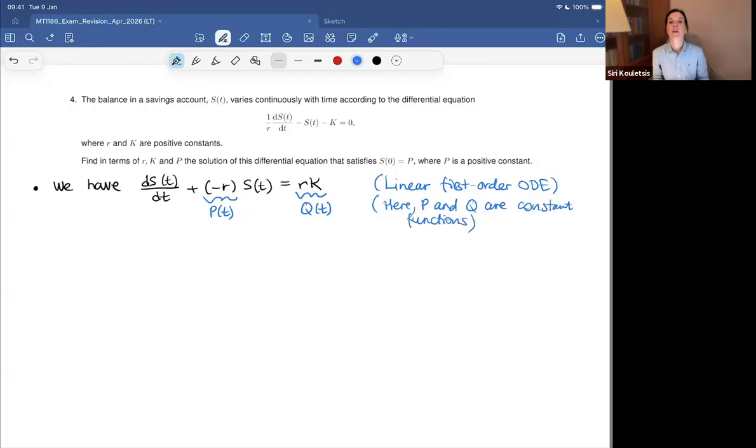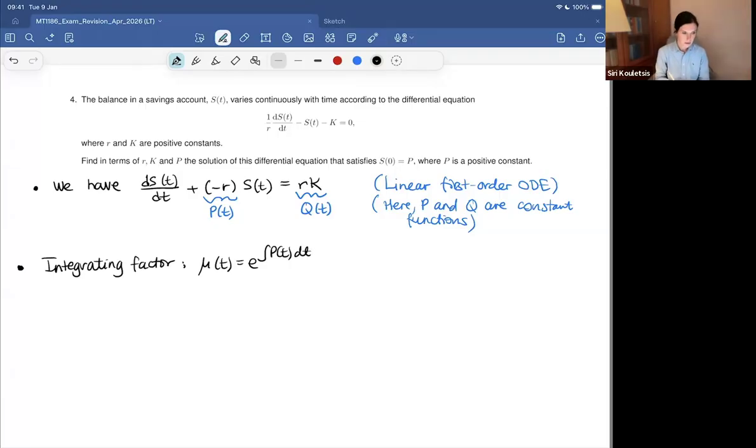So the first thing we do is to find an integrating factor, which is given by mu of t equals e to the integral p of t dt.